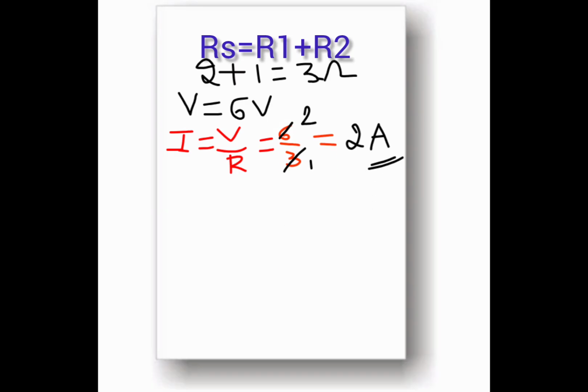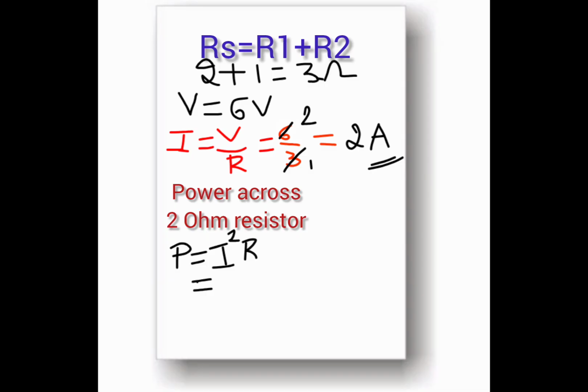So current value is 2. Our next step is to find the power value across the 2 ohm resistor. Now we know the power formula. P is equal to I square into R. So I square means 2 square. R value is 2 ohm. 2 square is 4. 4 into 2 is 8 watt. So our answer is 8 watt.